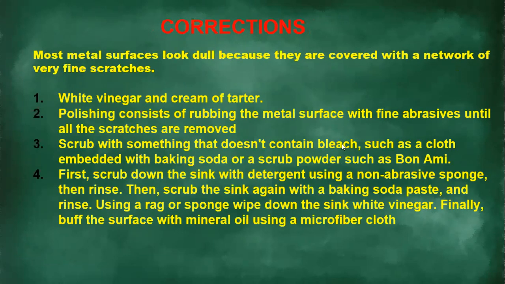Okay, another method is by polishing the metal surface and rubbing it with a fine abrasive until all the scratches are removed. So an abrasive is a material that you can use to actually remove scratches by wiping it, okay?